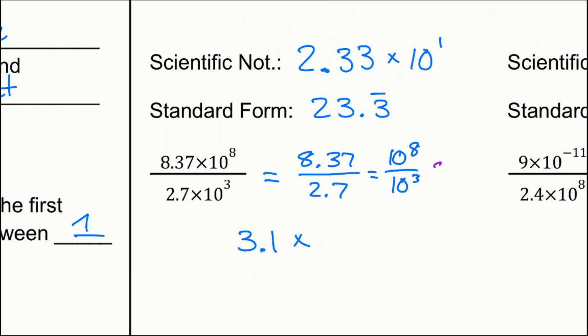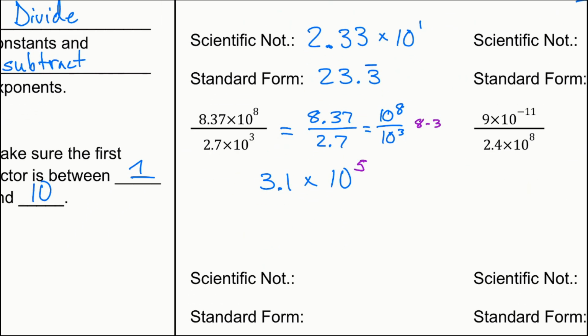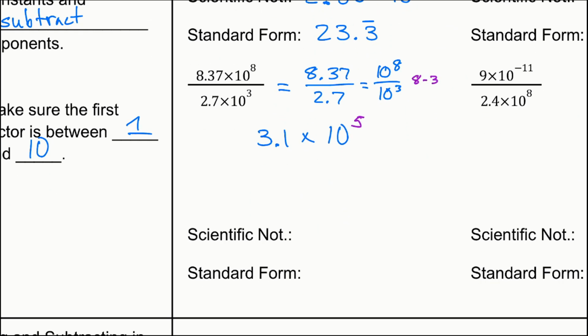And then I'm going to take 8 minus 3 to get 10 to the 5th power. That one was relatively harmless. So in scientific notation, 3.1 times 10 to the 5th. In standard form, it'll be 3, 1, 1, 2, 3, 4. So 310,000, looks like.